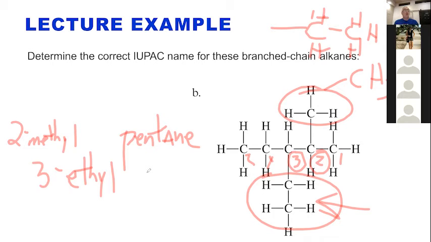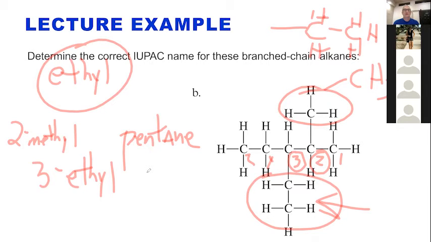Back in the olden times, you may have seen old pictures of gas stations where instead of gas, it has ethyl. Has anyone ever seen old pictures of gas stations like that? Probably not. Before my time too. This is like back in the 40s and 50s. It was because long chains with ethyl on them tend to burn better.